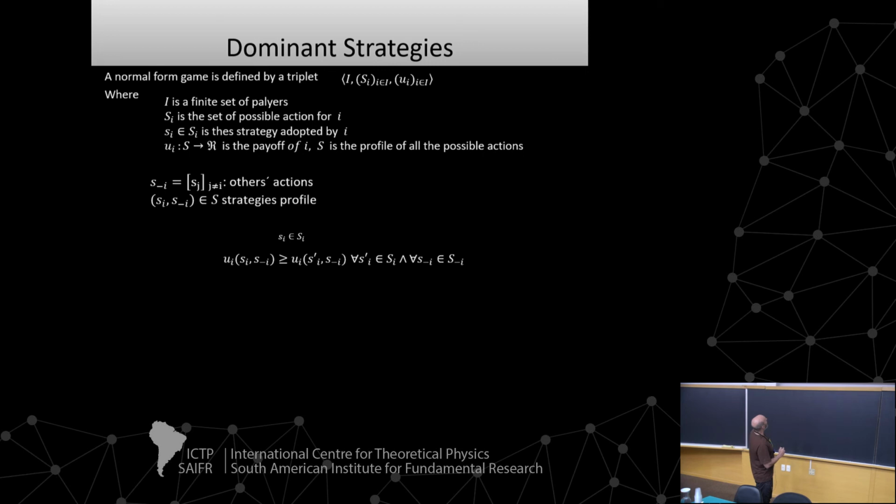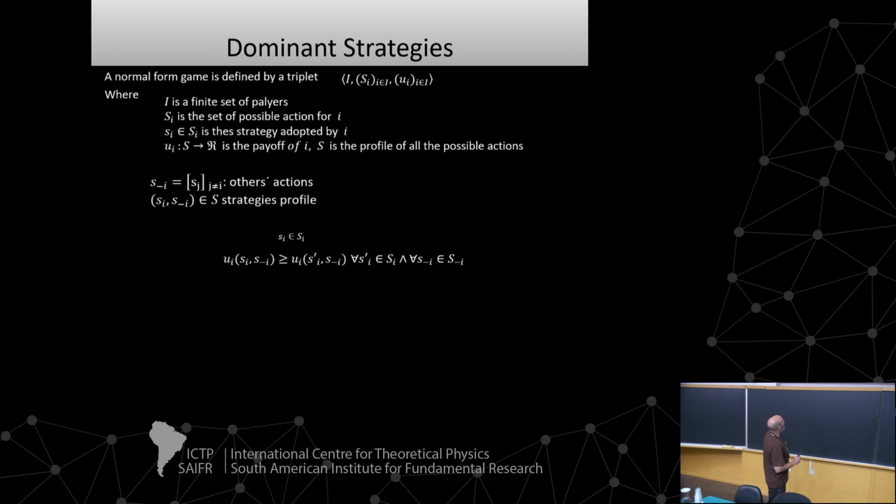So this is the set of strategies to which a given individual i will be confronted. So this is all the possible strategies, or what I call the strategy profile, to which a given individual i will be confronted, okay?